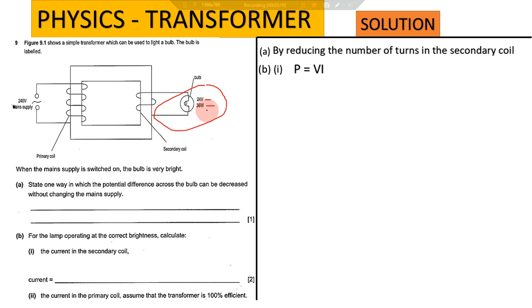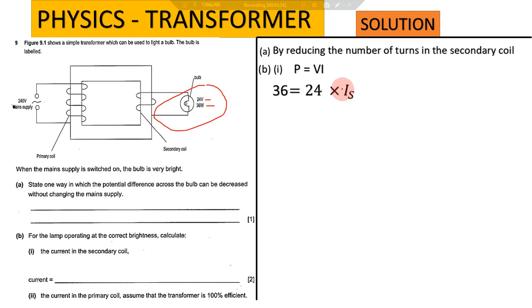Now, in case you've been given power in kilowatts, make sure you convert your power to watts if you are using it here under the transformer. Take note of that. So this time around power is in watts, so we use it. The voltage is there, so we substitute. Power is equal to 36 equals 24 times current in the secondary.